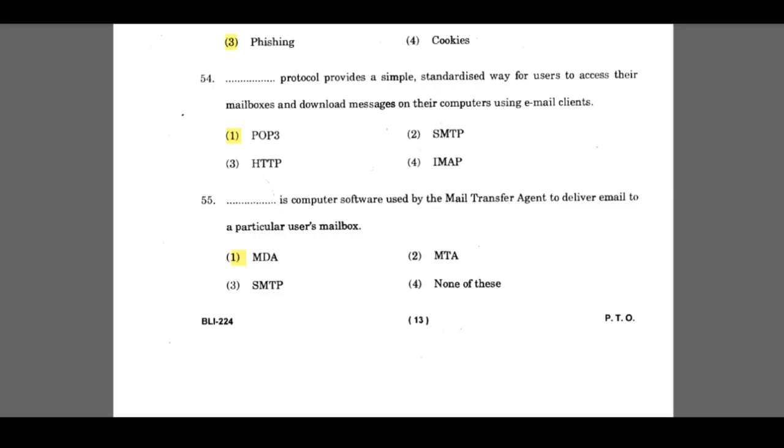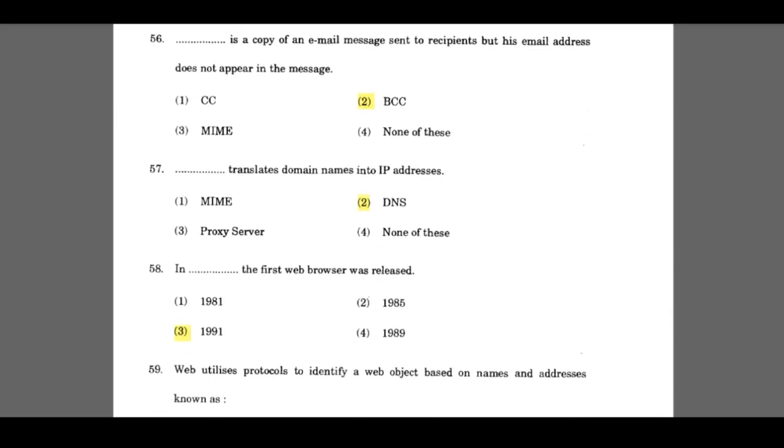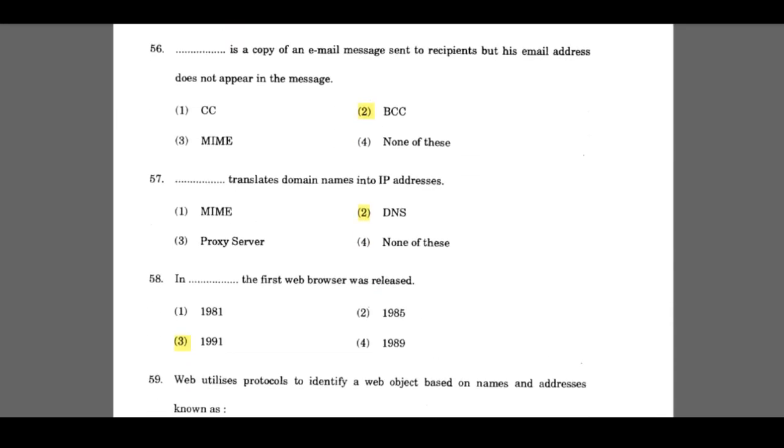POP3. 55. Dash is computer software used by the mail transfer agent to deliver email to a particular user's mailbox. MDA. 56. Dash is a copy of an email message sent to recipient, but his email address does not appear in the message. DCC.